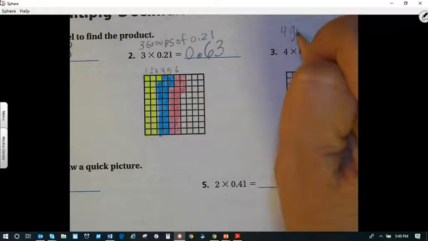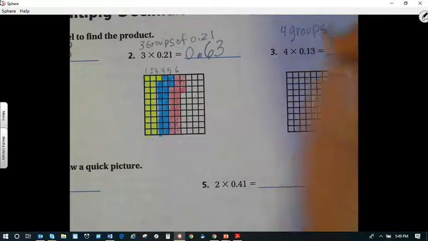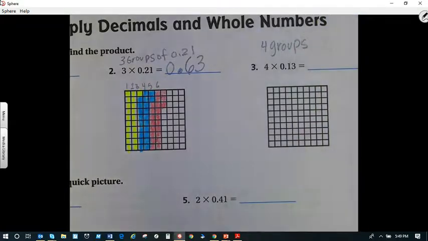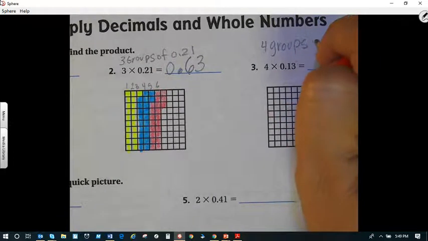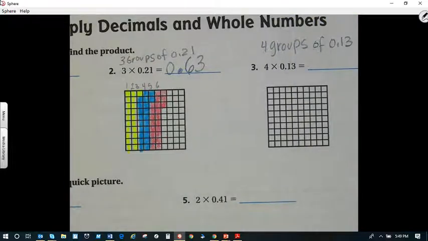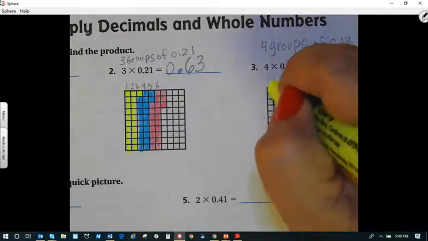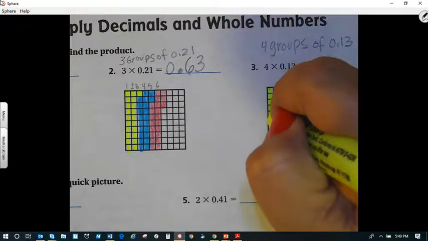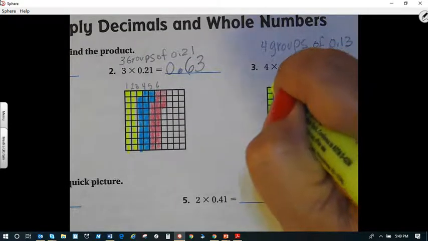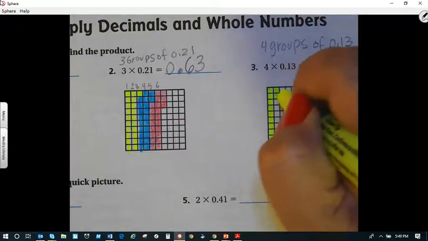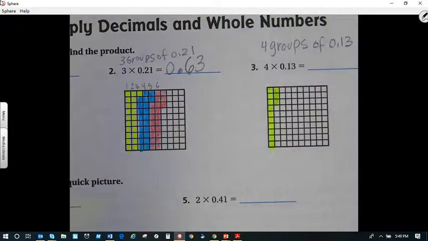Okay, now I'm going to have 4 groups. The reason I'm having you write this down like this is so that you can put in your mind that you have 4 groups of 13 hundredths. The first thing I'm going to do is shade in my first group of 13 hundredths. So this is 10, 11, 12, 13.